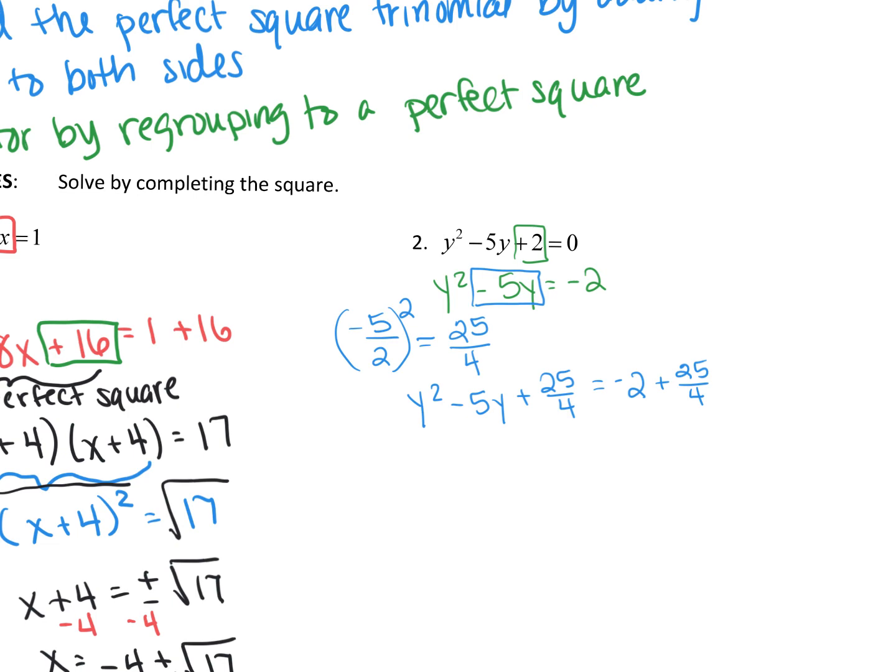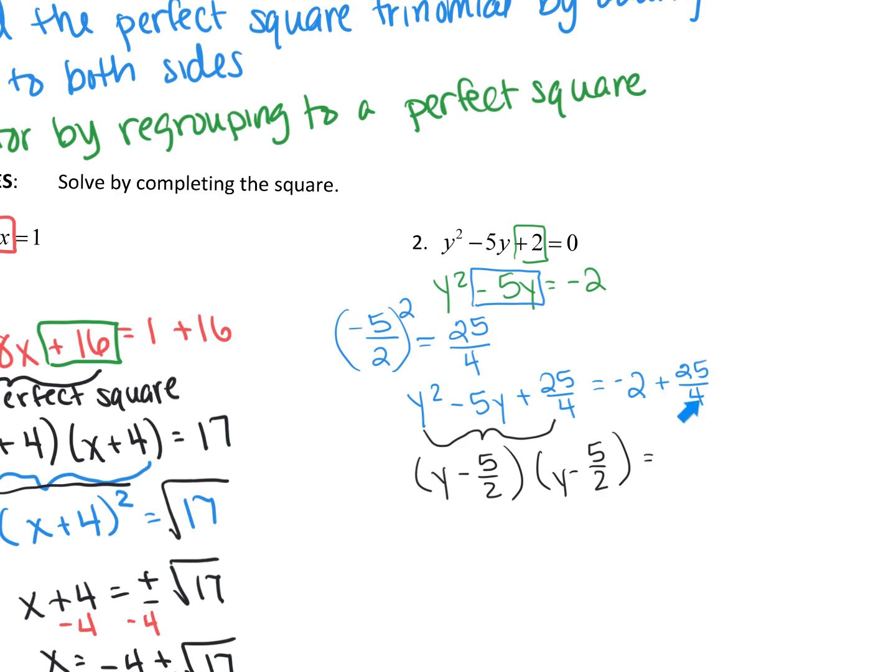And now when I'm looking at this again, right here is a perfect square. That's why I've done this. So this factors into y minus 5 over 2 times y minus 5 over 2. And that equals, here, I need to get common denominators to work with this.